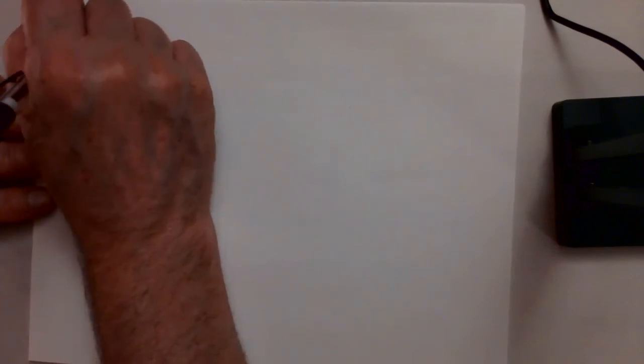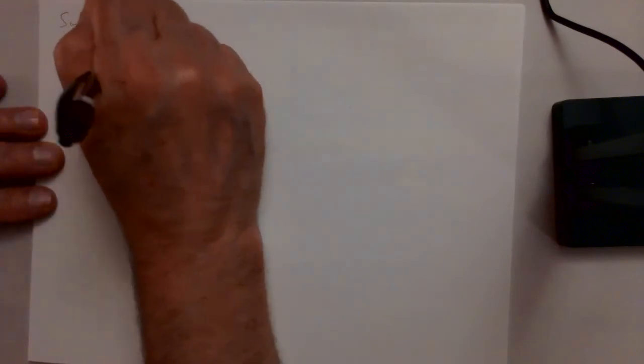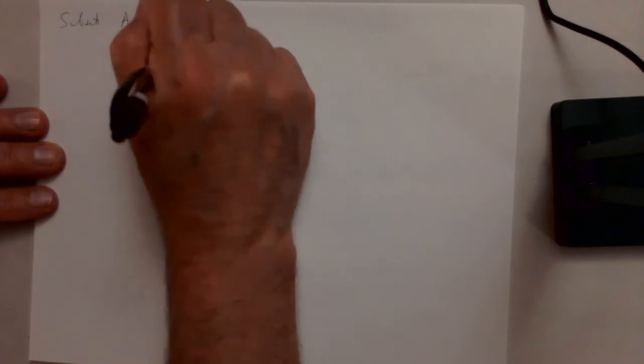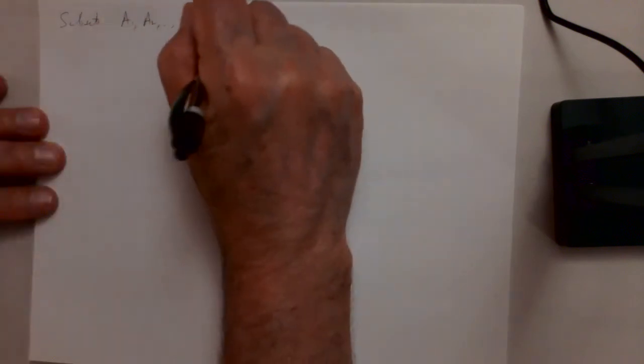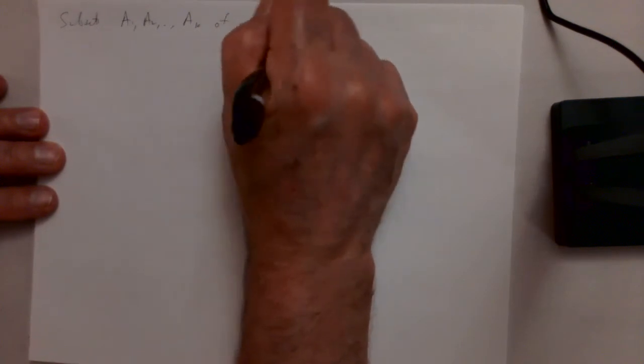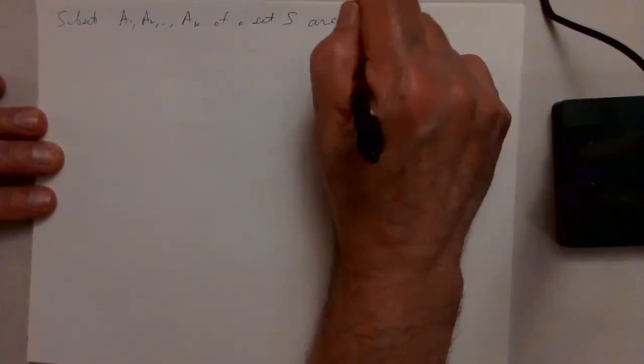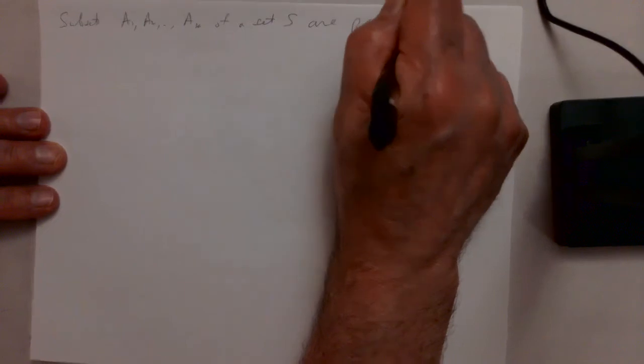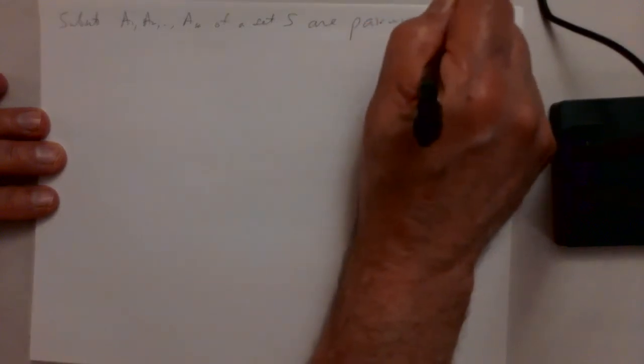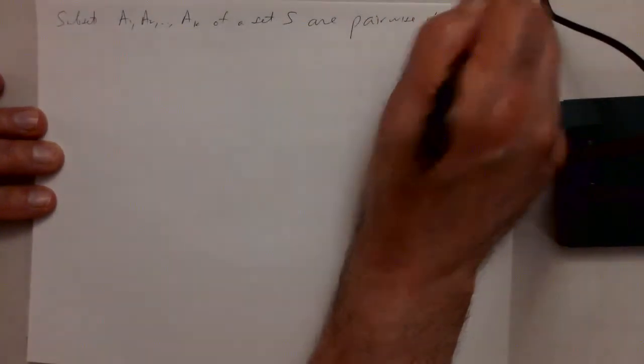And subsets A1, A2, up to A sub k, let's say, a finite collection of subsets of a set S, are pairwise disjoint if no two of them have any elements in common.